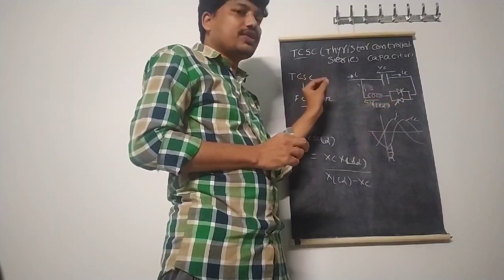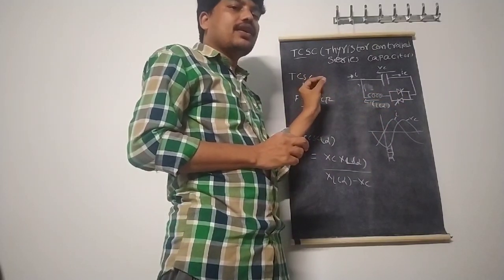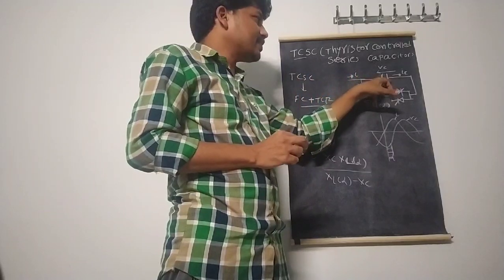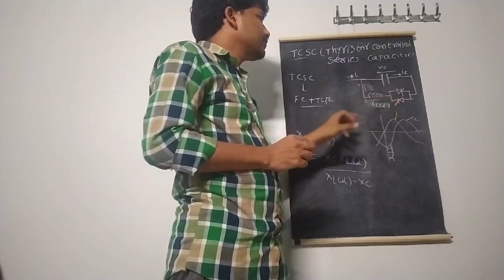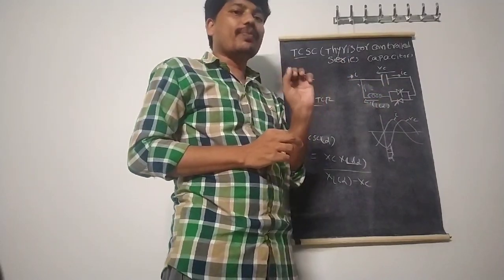We are not using any GTOs; we are using thyristors. We can control the series capacitor reactance with the help of the thyristor controlled reactor. That's what is called series controlled capacitive reactance. Is it clear, all of you?